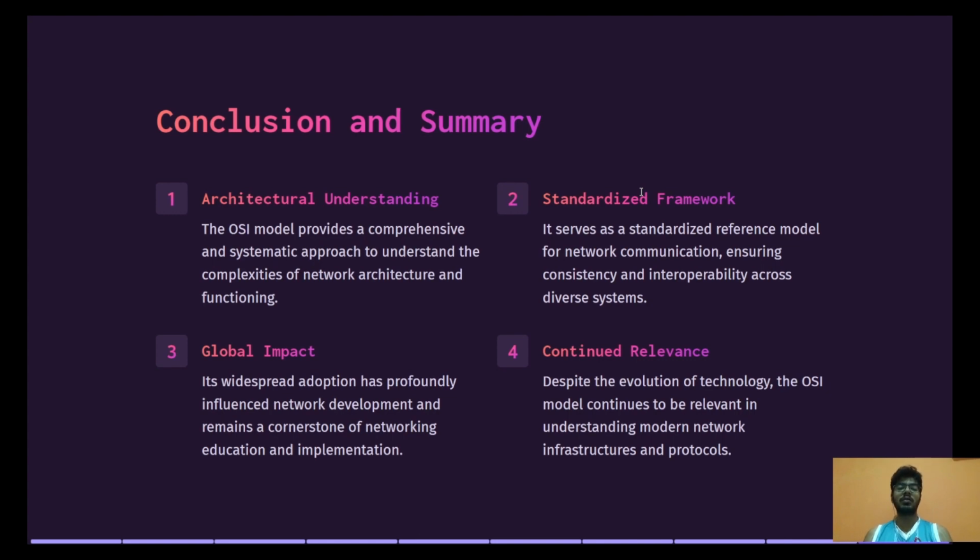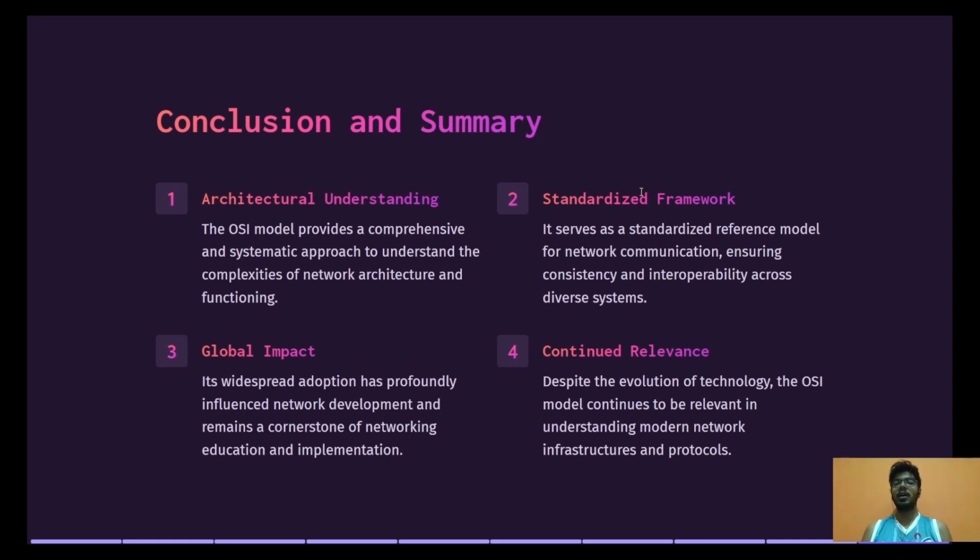Global impact: its widespread adoption has profoundly influenced network development and remains a cornerstone of networking education and implementation. Continued relevance: despite the evolution of technology, the OSI model continues to be relevant in understanding modern network infrastructures and protocols.